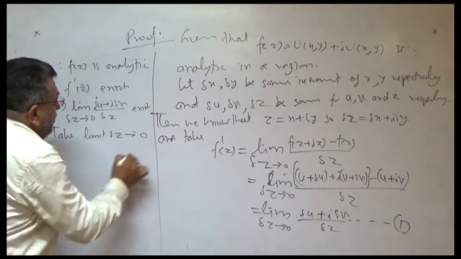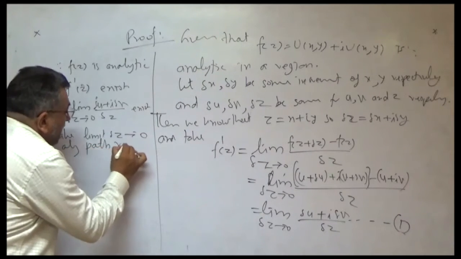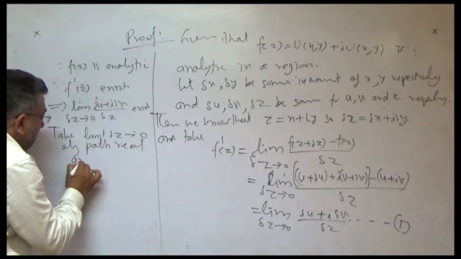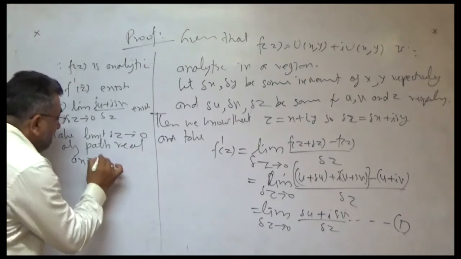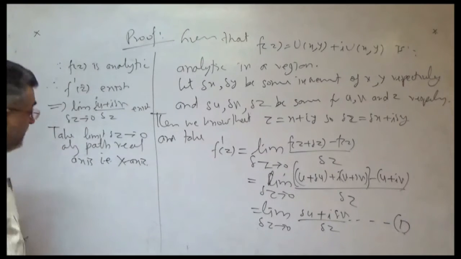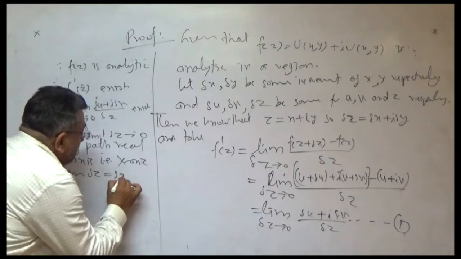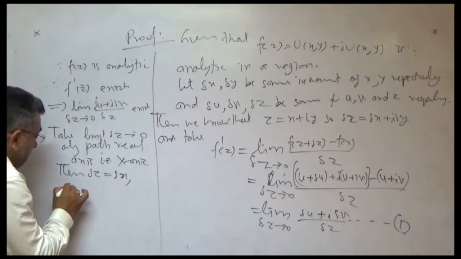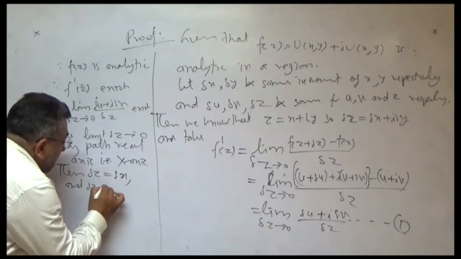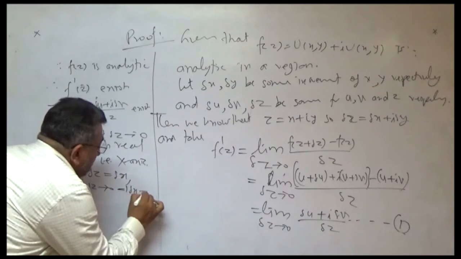Now first take the limit del z tending to 0 along the path of the real axis. Real axis means x-axis. Then del z equal to del x, and del z tending to 0 means del x tending to 0.